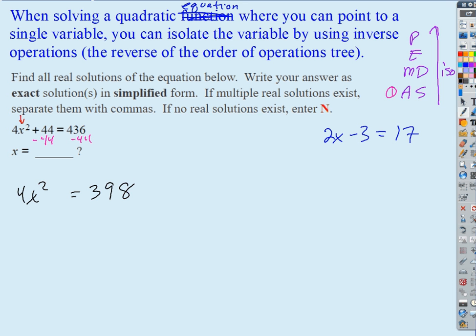Okay, what's next? And work my way up. What's next? Divide by 4. Right? I have to undo some multiplication by dividing.